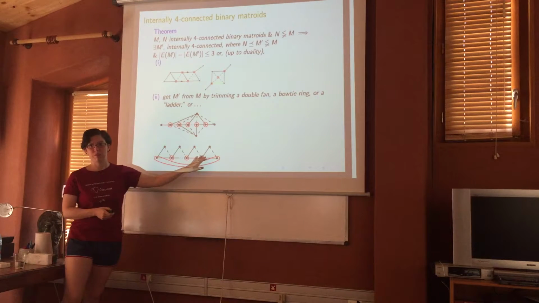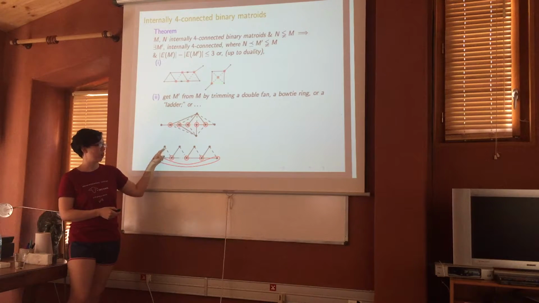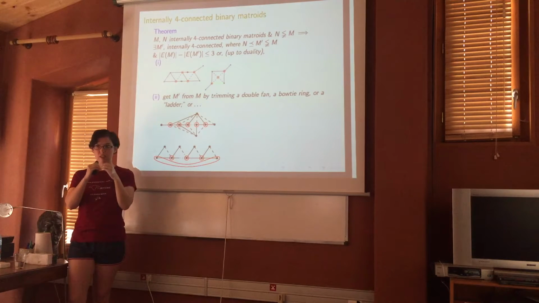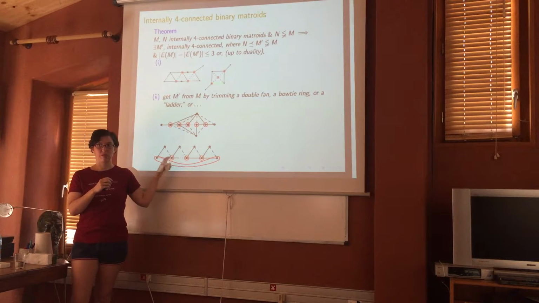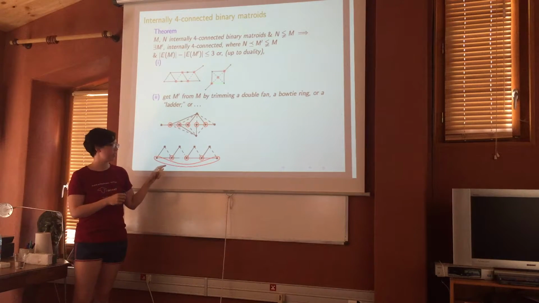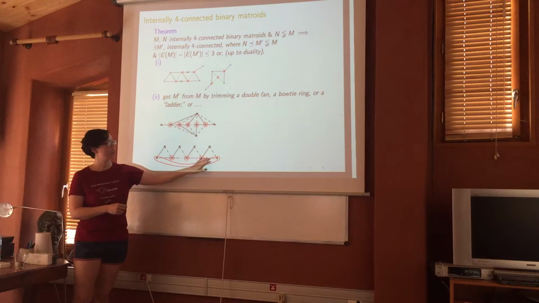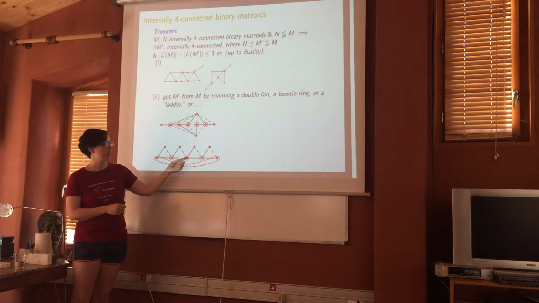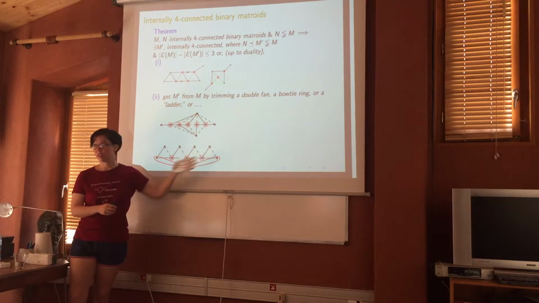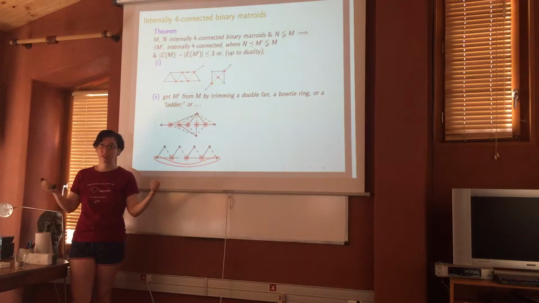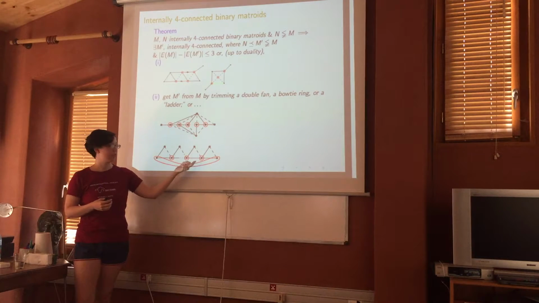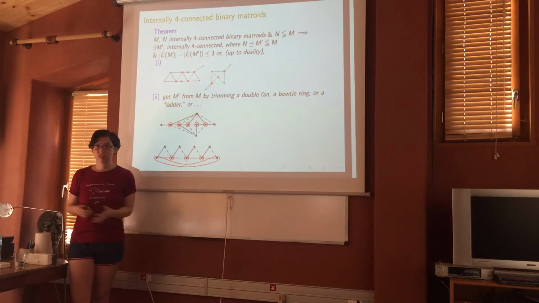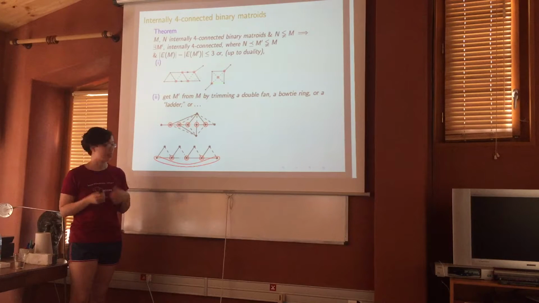We call this a bow tie ring because the triangles meet in these 4 co-circuits, and when you circle them, they kind of look like bow ties. If you have a structure like this, then you may have to delete an edge from each one of the triangles, and depending on the length of your bow tie ring, it might not be just 4 edges, it could be 100 edges. You can't put a bound on it.